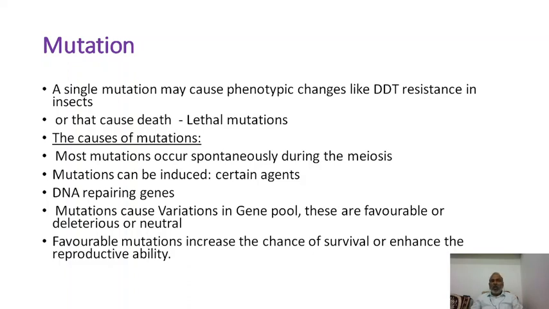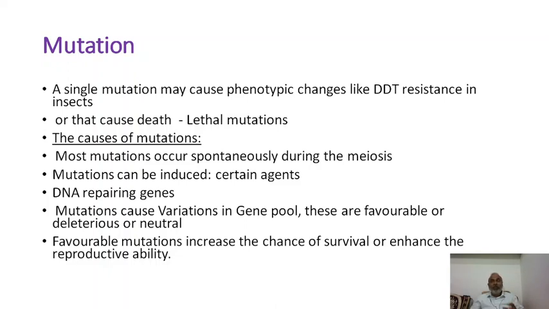Okay. The causes of mutations. Most mutations occur spontaneously during meiosis. But mutations are universal. They can occur at any time in any organism in any way. But mutations can also be induced.